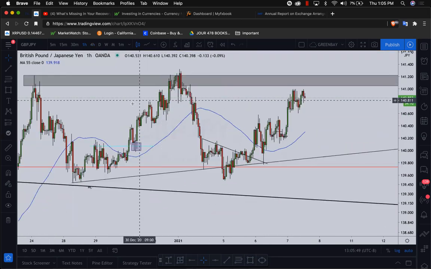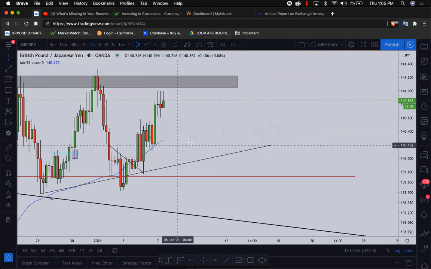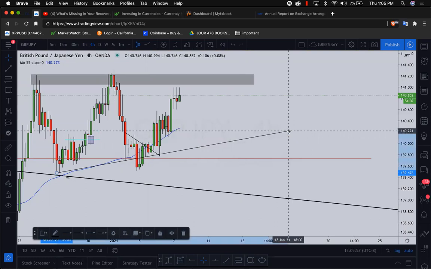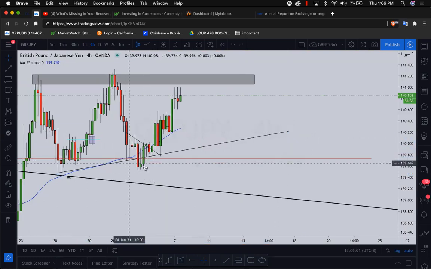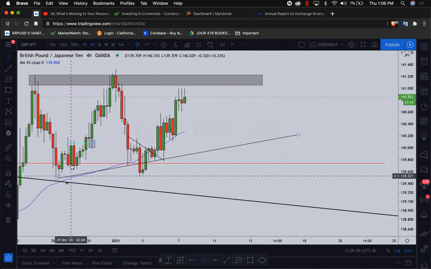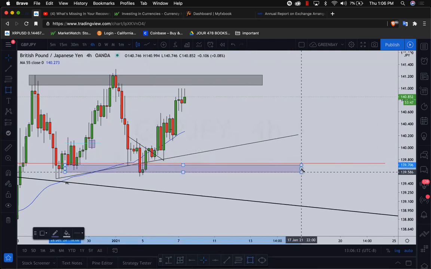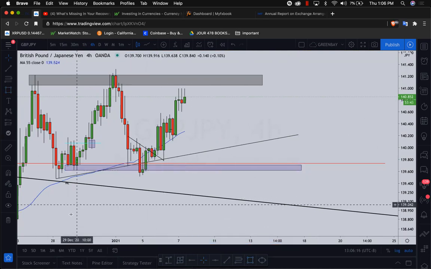Okay, so that is one move, but the move I was more so into was over here, and this is where I'm going to get into a little bit of detail as to how I got in this play. When it came down, you have to understand this is probably the last place it could retrace to before being considered an actual break and downtrend.